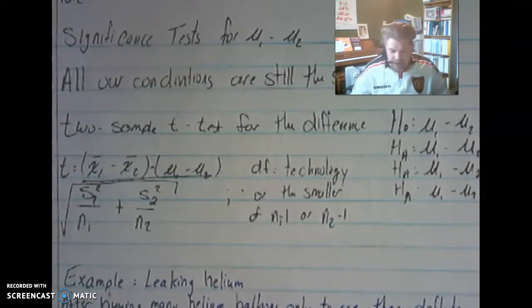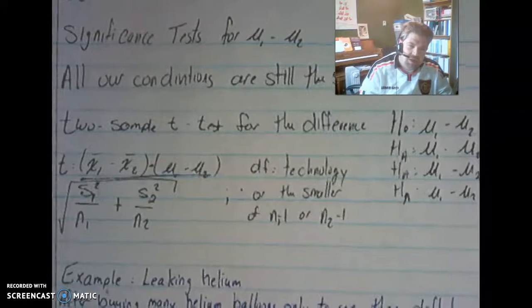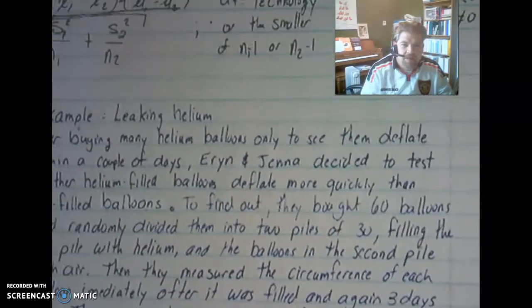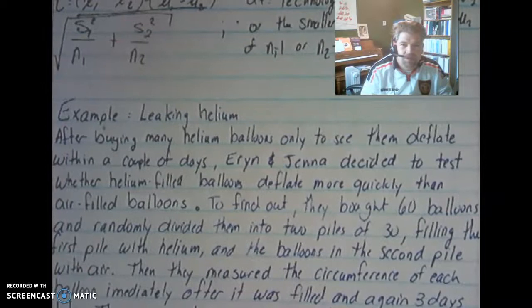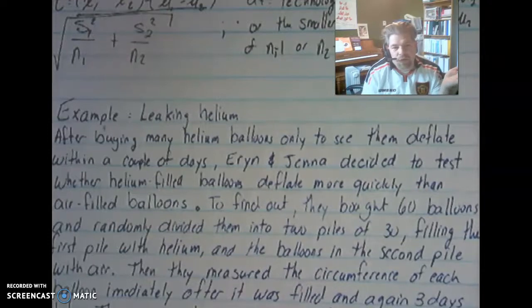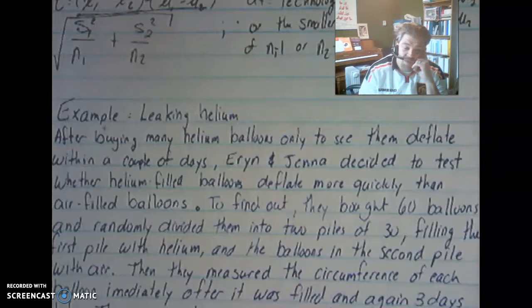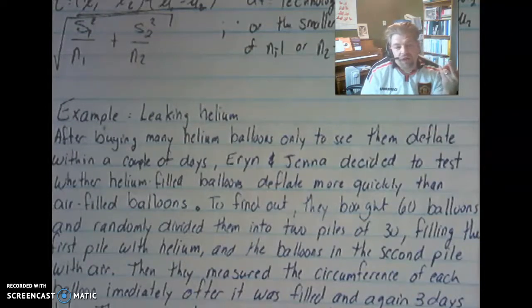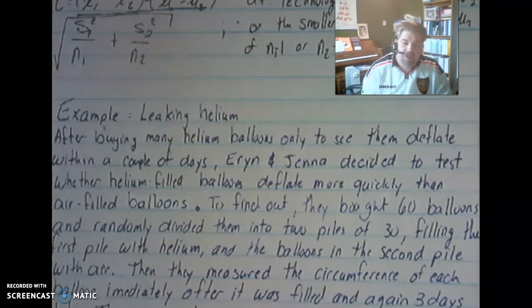So let's go to an example. It's going to be titled Leaking Helium. It starts off with buying many helium balloons only to see them deflate within a couple of days. Aaron and Jenna decide to test whether helium-filled balloons deflate more quickly than air-filled balloons. To find out, they bought 60 balloons and randomly divided them into 2 piles of 30, filling the first pile with helium and the balloons in the second pile with air.